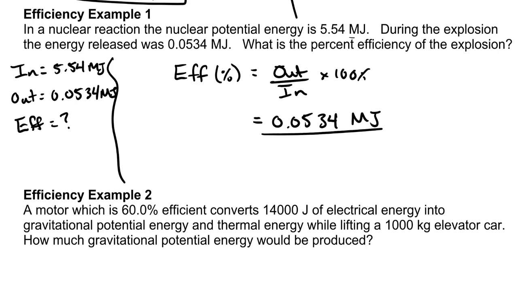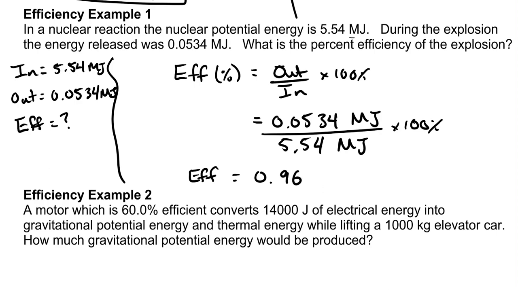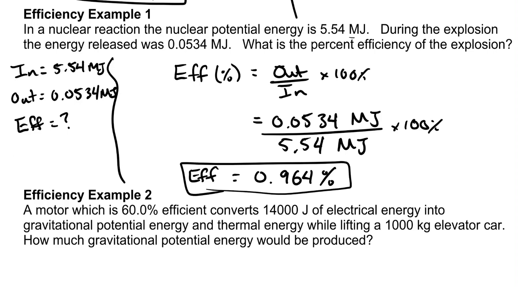We know what our input was, 5.54 megajoules times 100%. So our efficiency, when we put this into our calculator, is going to be 0.964%.